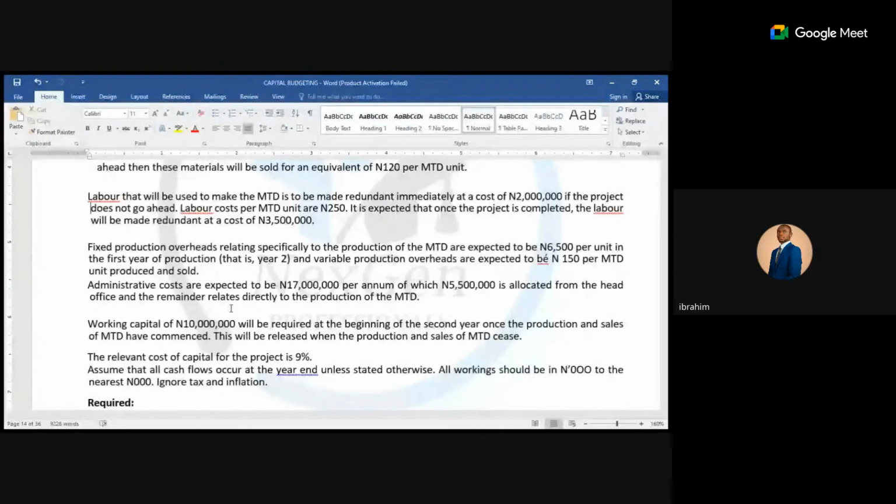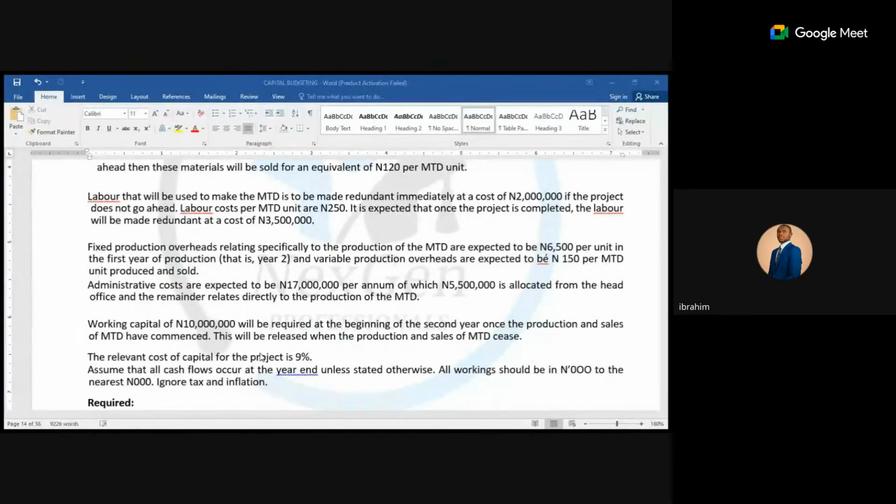Class, how do we treat the 2 million? Are we still together? We will treat it as an opportunity cost because it's a condition of if the project does not go ahead.